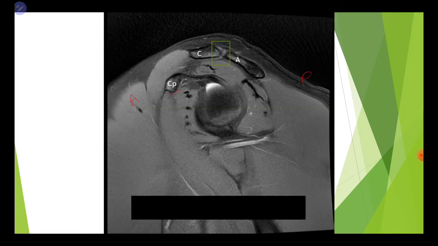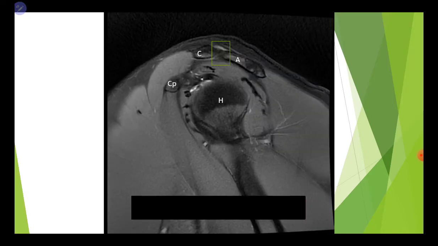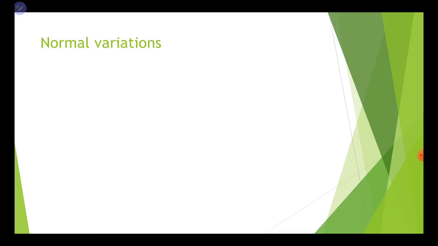And this is the bicipital groove. And this is the glenoid. So this was the bony anatomy on sagittal plane.